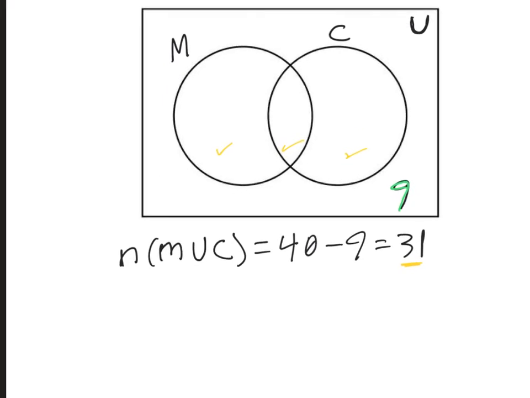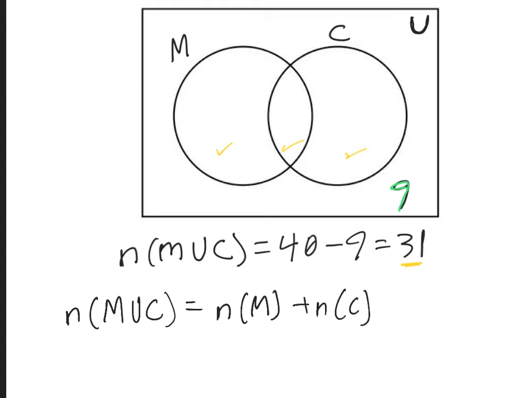All right. We derived this formula, and I'm going to rewrite it slightly, just so it matches up with how we named the sets in this question. So the number of students taking mathematics or computer science is equal to the number of students taking mathematics plus the number of students taking computer science minus the number of students taking mathematics and computer science.